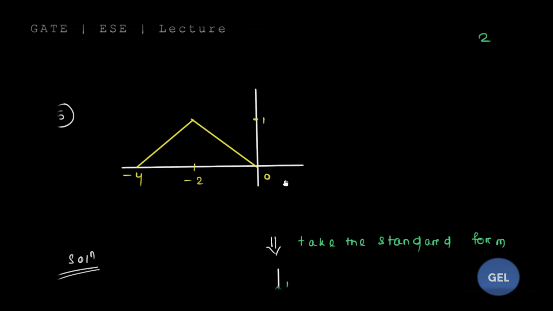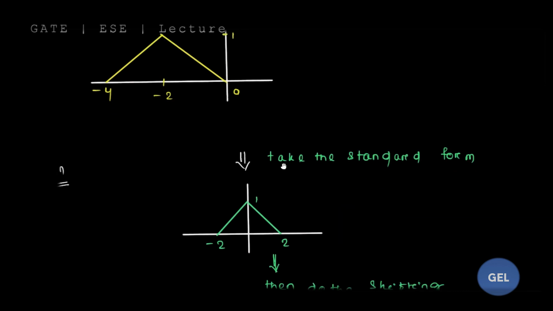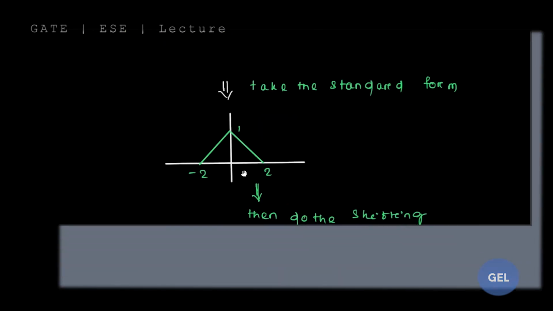So if there is a triangular function, first take the standard form, that is, pull it into your origin, then do the shifting.